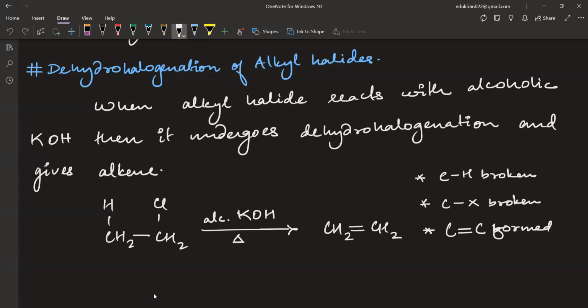The byproducts, if you want to write the byproducts, will be KCl and H2O. These will be the byproducts. Please write this down.